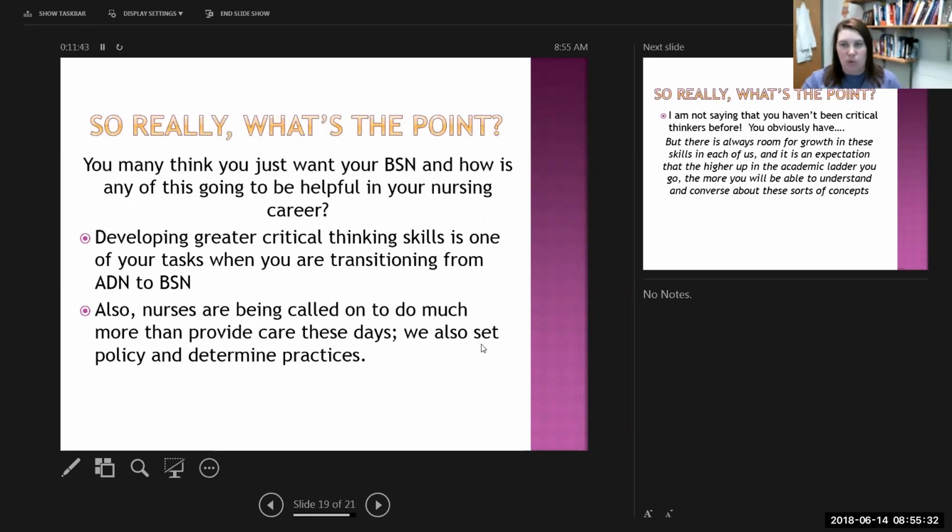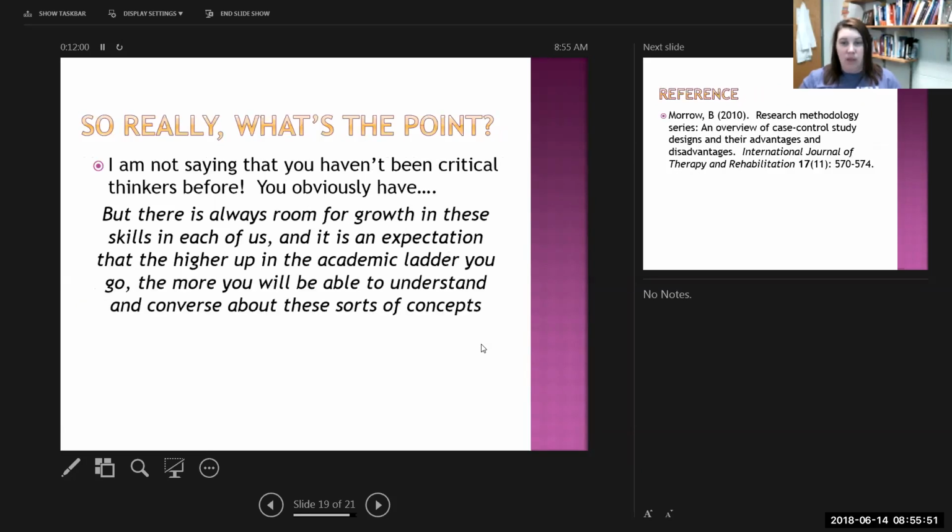But we're hoping that it develops a greater ability for you to critically think, which is one of the tasks that we're really working on here as you are transitioning to your bachelor's degree. We are called on as nurses to do so much more than provide care these days; we have a voice in determining how policy and practices are played out at the bedside. I am not saying that you haven't been critical thinkers.